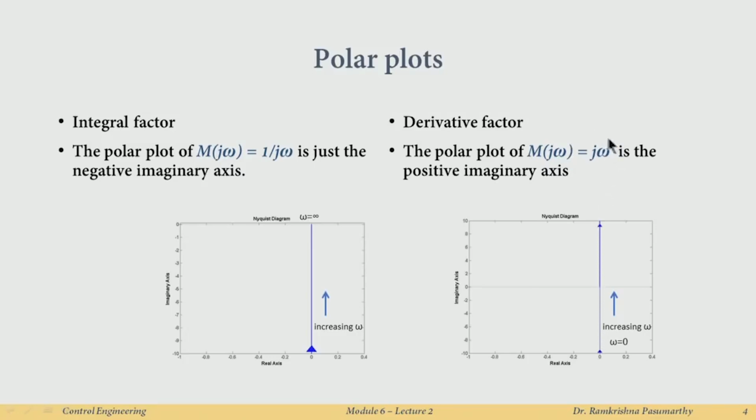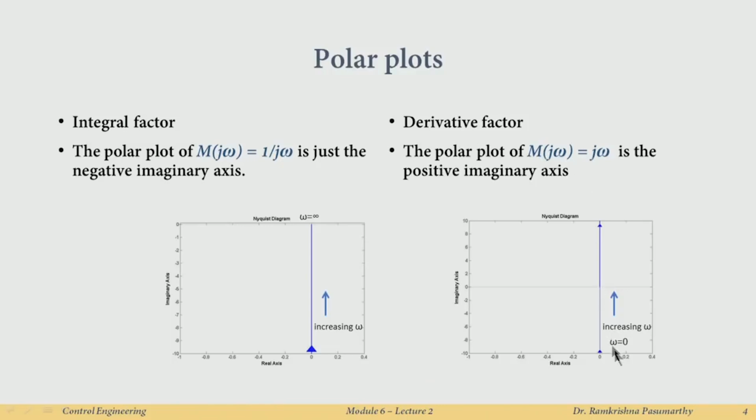You may ask, sir, this is not a good transfer function because there are actually no poles, there is just 1 zero, not physically realizable. All that is okay. I'm just giving you a little indication of how these things look in the frequency domain, nothing about saying that this is a transfer function. Therefore, I don't even call it a transfer function, I just say it's a derivative factor.